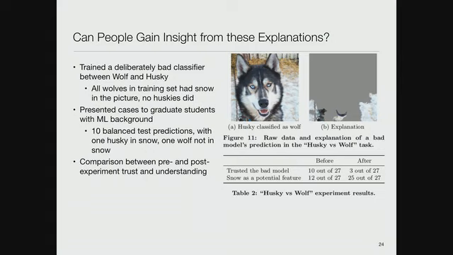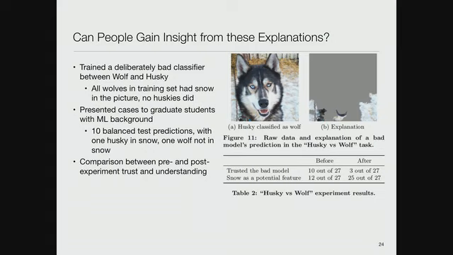And so before the experiment, 10 of the 27 students said they trusted this bad model that they trained. And afterwards, only 3 out of 27 trusted it. So this is a kind of sociological experiment that says, yes, we can actually change people's minds about whether a model is a good or a bad one based on an experiment.